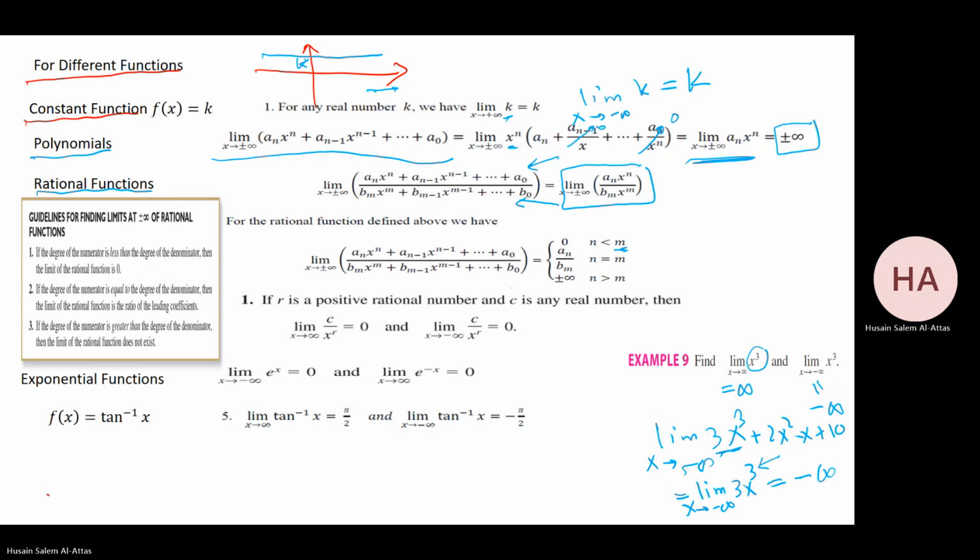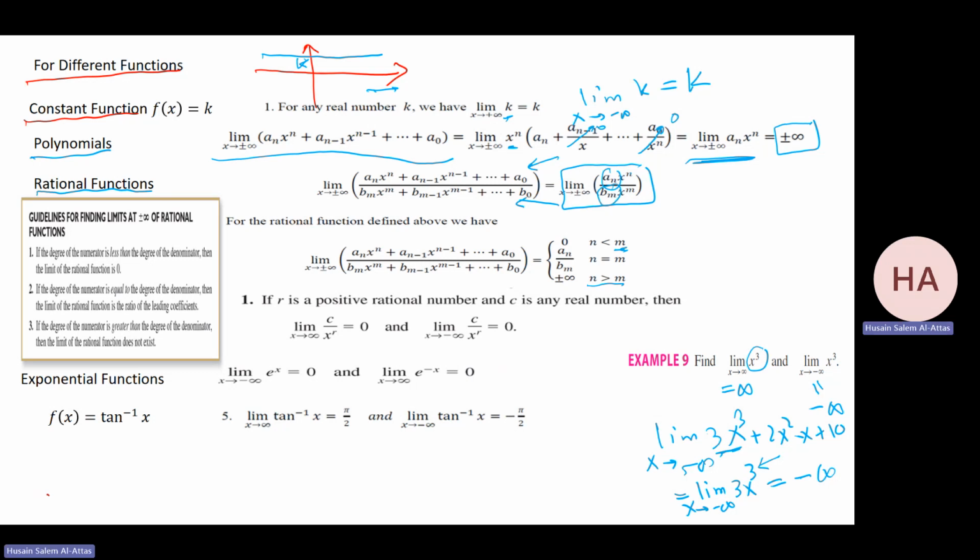Okay. If the degrees are equal, then it will be cancelled, so it will be a_n over b_m. If n is greater than m, then what will happen? Then it's either plus or minus infinity. It depends on going to infinity or minus infinity. Also, it depends on these coefficients.